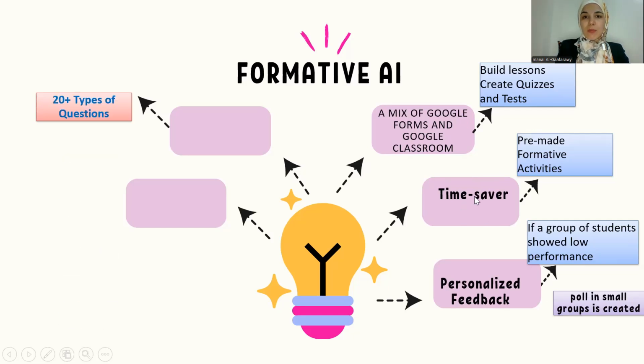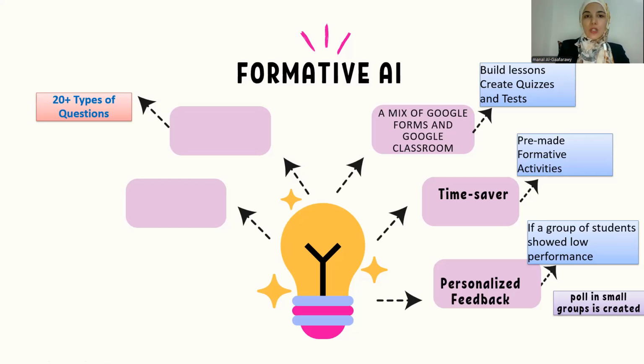Another thing is that Formative AI is a time saver, because on the website, you can find pre-made formative activities that you can use right away without spending too much time or exerting too much effort. Another important feature is that you can provide personalized feedback for each of your students.